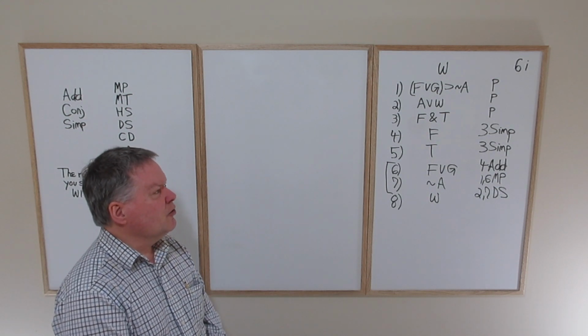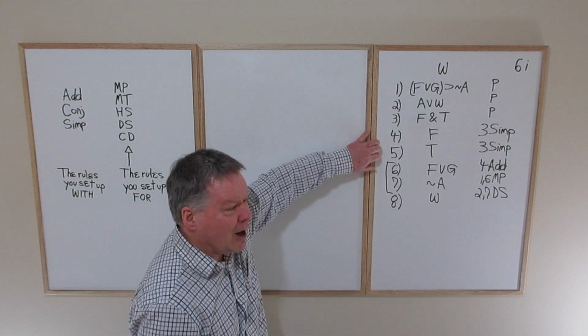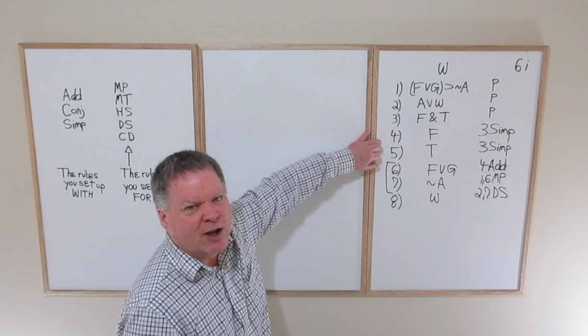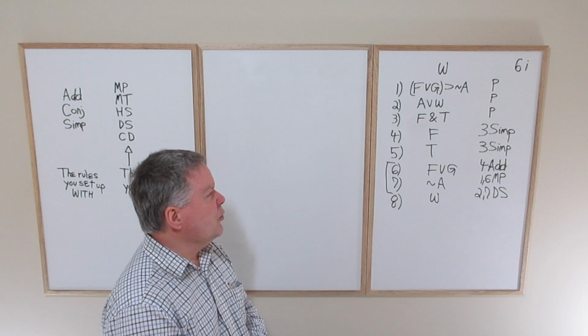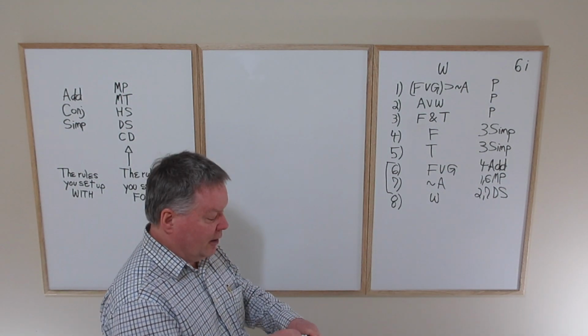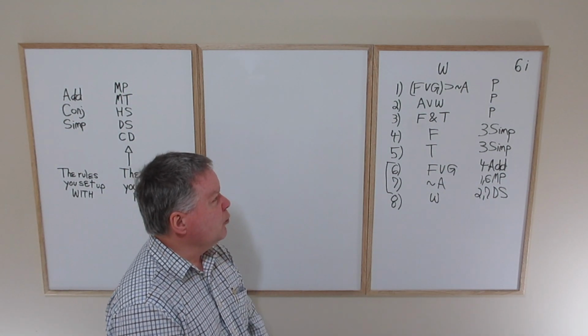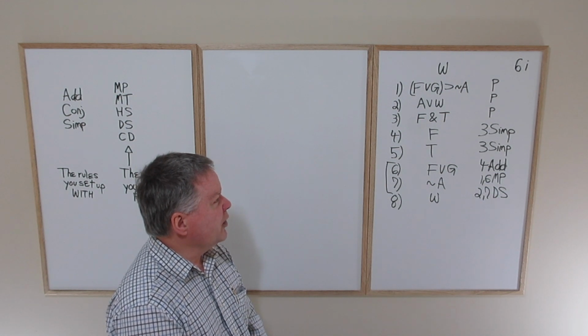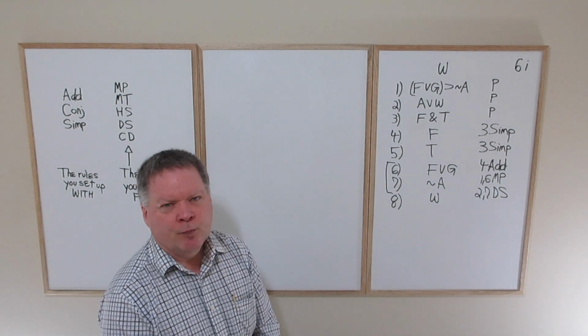So this took us 5 inference steps in order to demonstrate that if the 3 premises are true, it's impossible for the conclusion to be false.